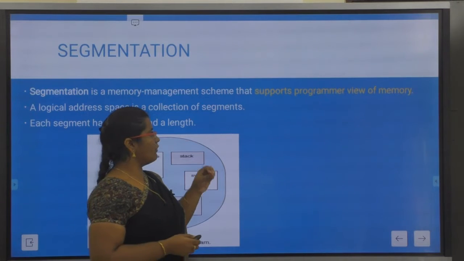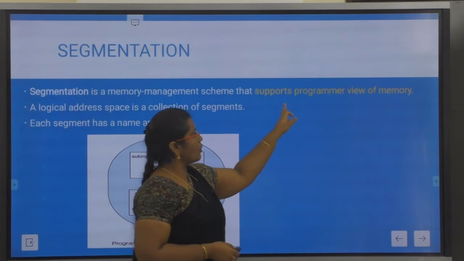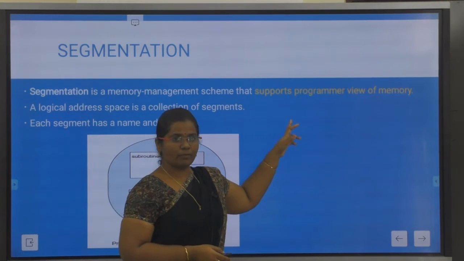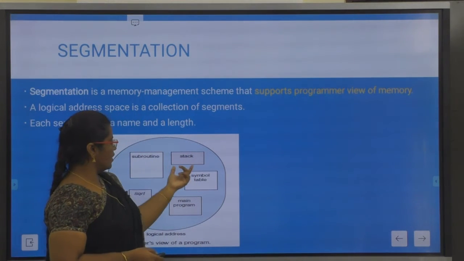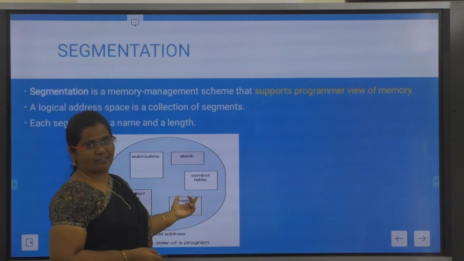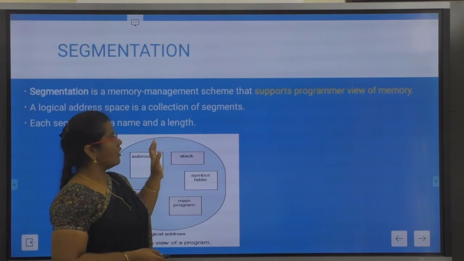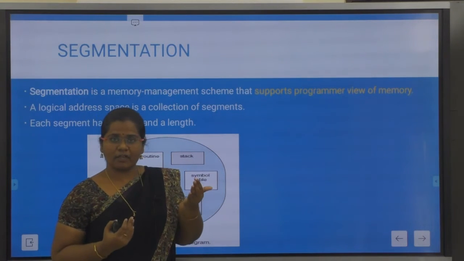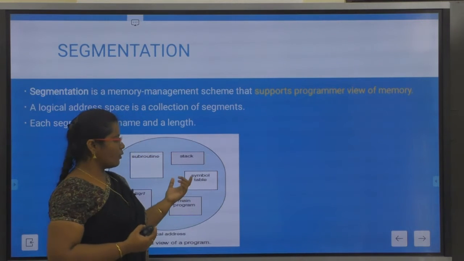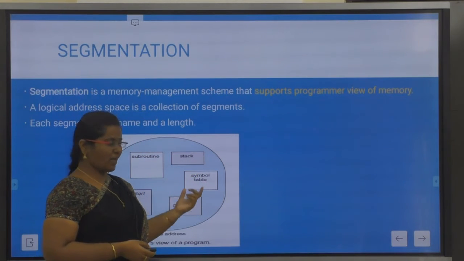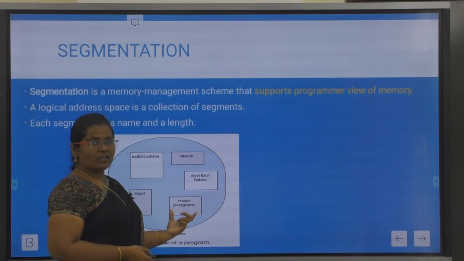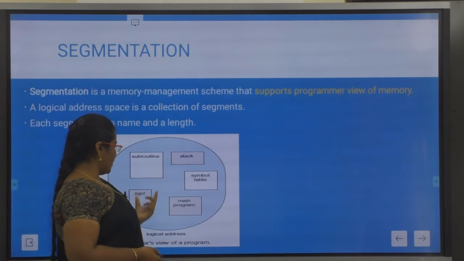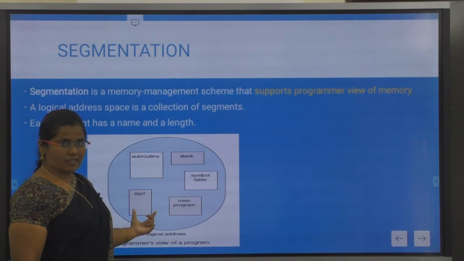In the operating system, segmentation is a memory allocation methodology which supports the programmer's view of memory. What is this programmer's view of memory? You may consider each segment with different functions and different variables. In the programmer's point of view, your segment may have a name: this segment name may be main program, this one may be sqrt, the square root function.